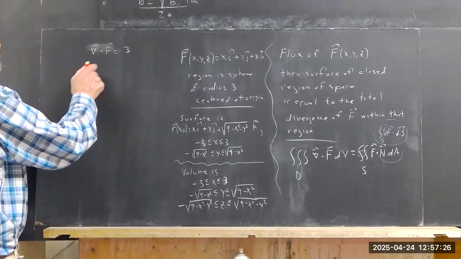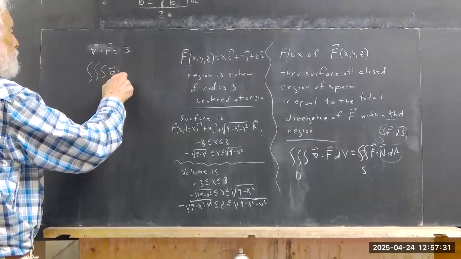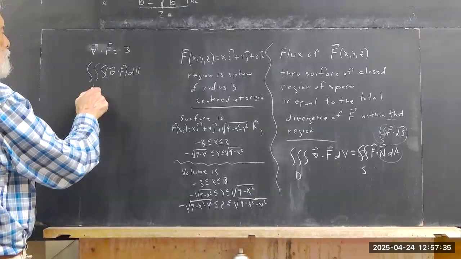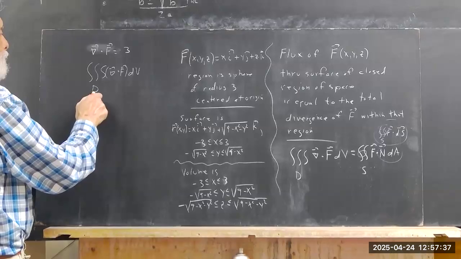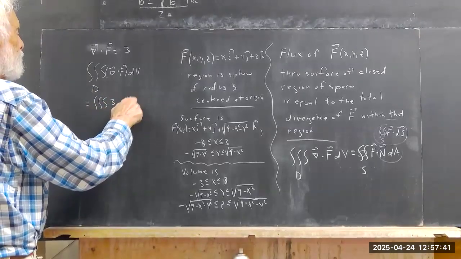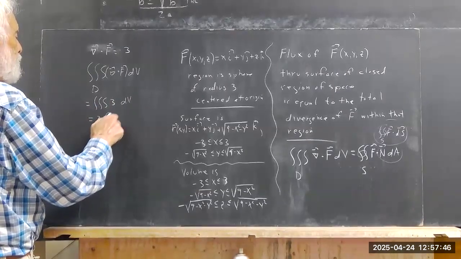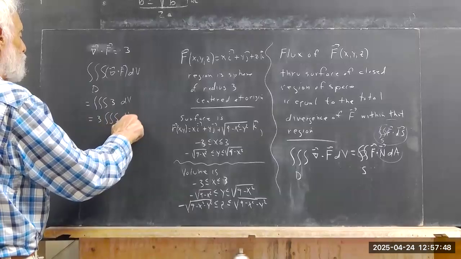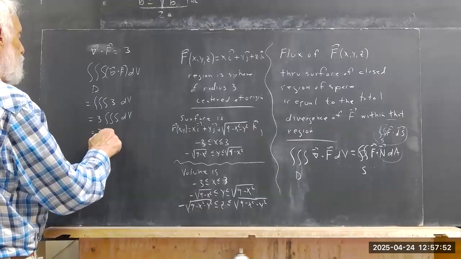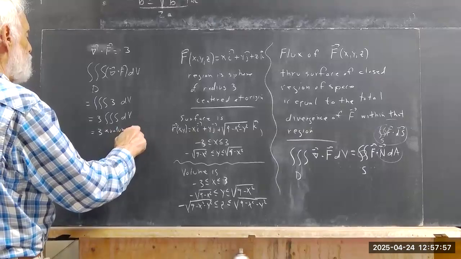so that the integral over the region, which is 3 times the integral dv, which is just 3 times volume.